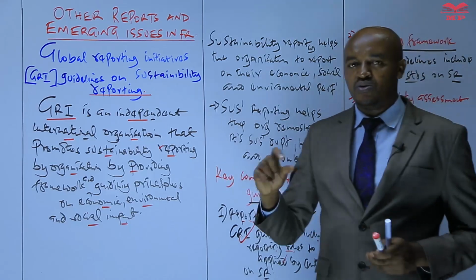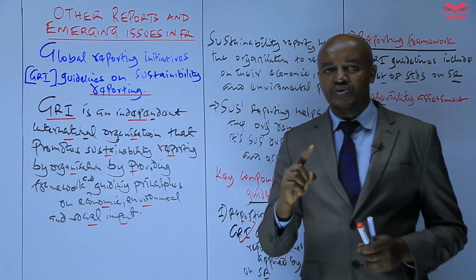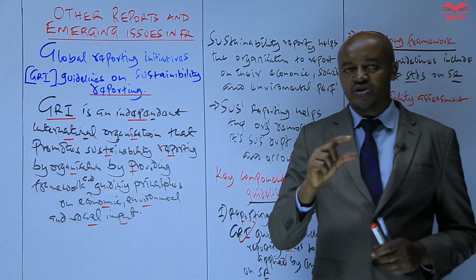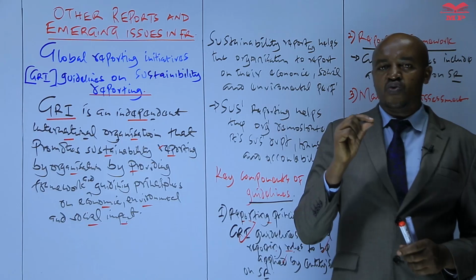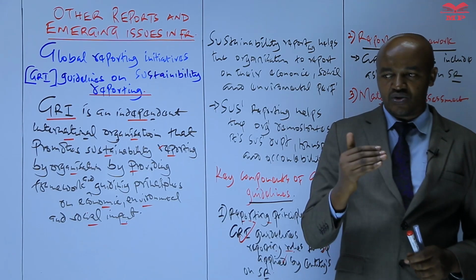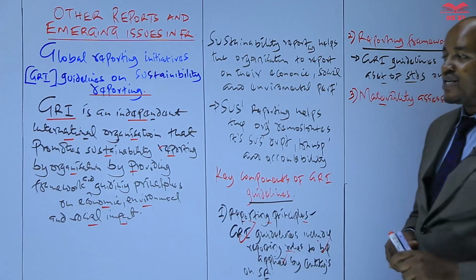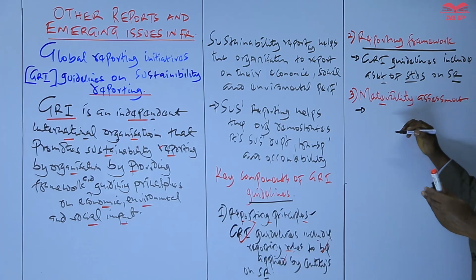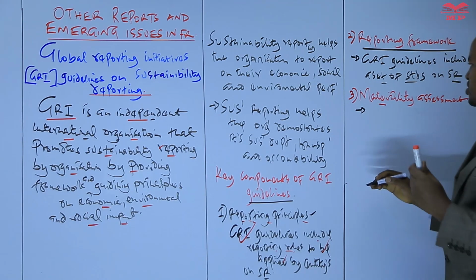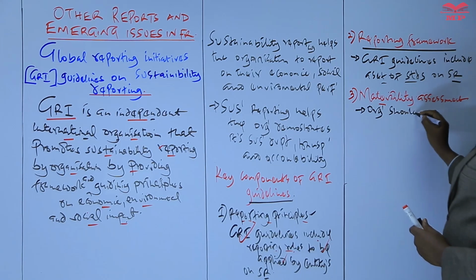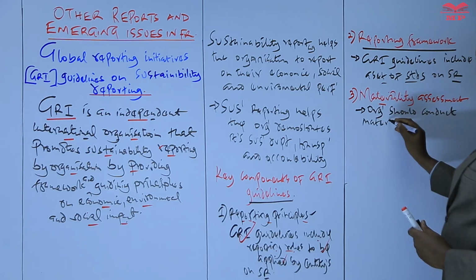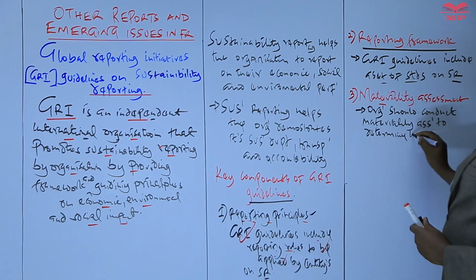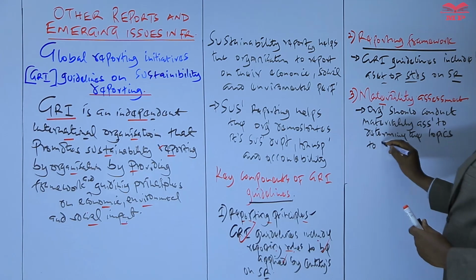These are principles, or rules, which encourage organizations to conduct a materiality assessment to identify the topics to be reported on. So organizations should conduct a materiality assessment to determine the topics to be reported on.